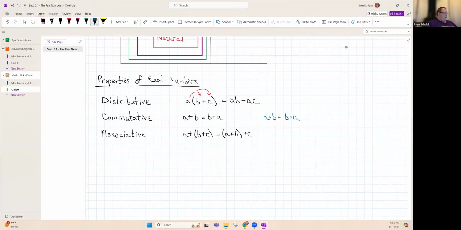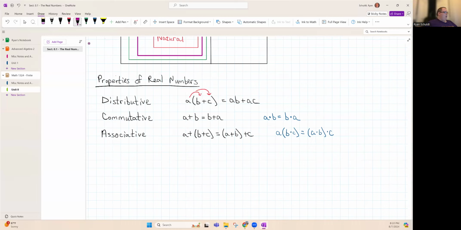Multiplication is also associative. We could say A times (B times C). Well, that would be the same thing as saying (A times B) times C. Furthermore, we can take it a step further.